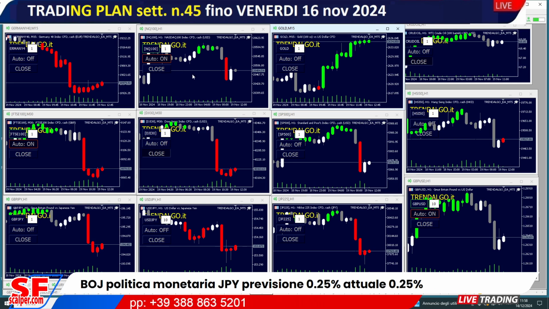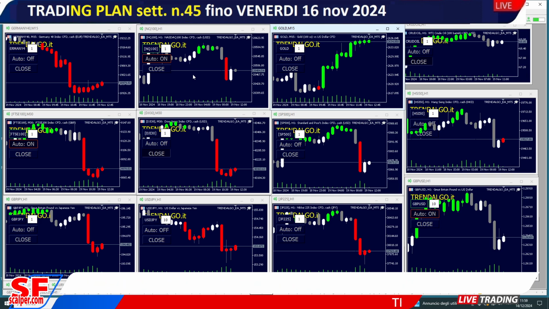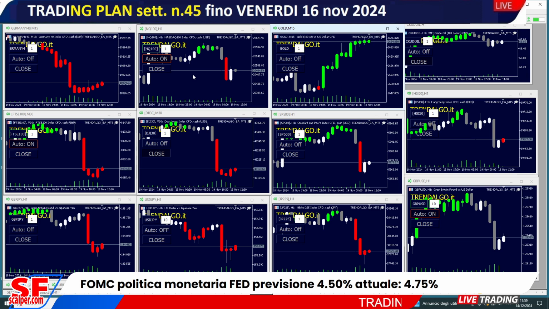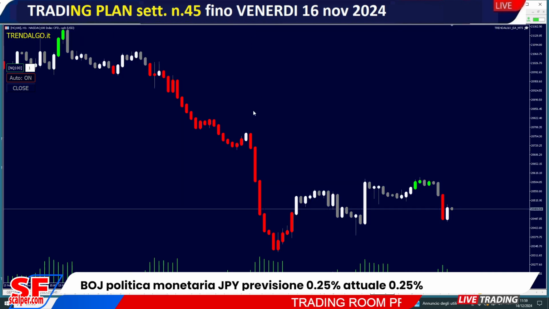My best suggestion is to choose assets which usually go in trend during the day. It works on any asset, indexes, forex, commodities, cryptos, anything, but it's better to choose assets which usually have a trend because it's a trend follower. When we have assets that go in trend, like here Nasdaq, we follow the trend.